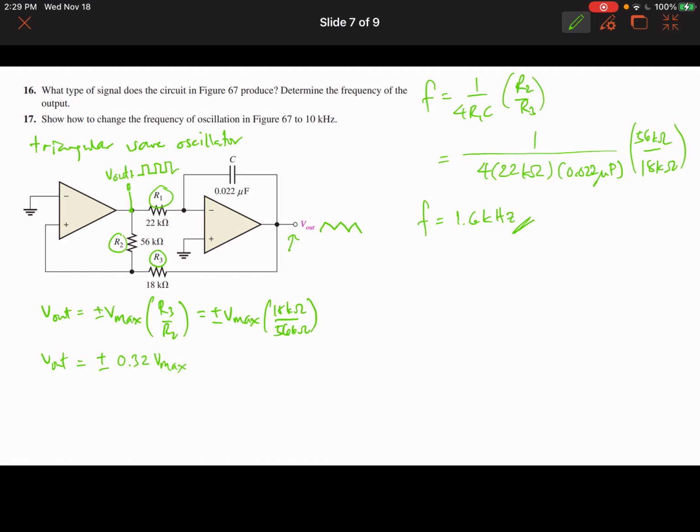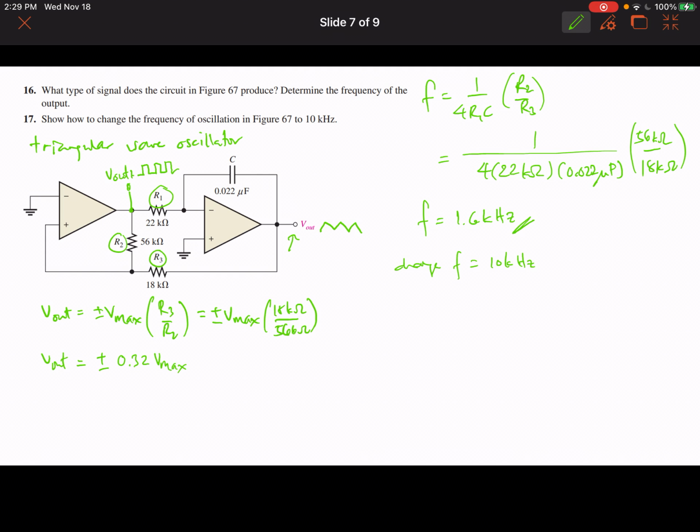We see that the frequency is actually defined by R1. The role of R2 and R3 is to control the output voltages. So if we want to change the frequency from 1.6 kilohertz to 10 kilohertz, as indicated in the problem, then what we need to change is R1.